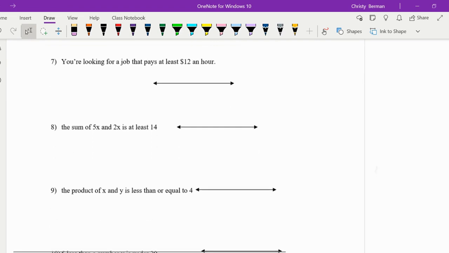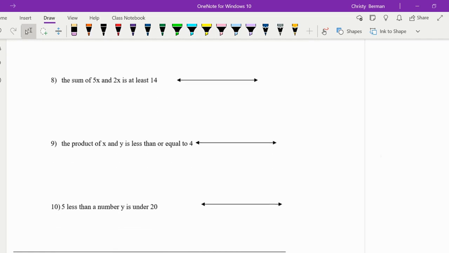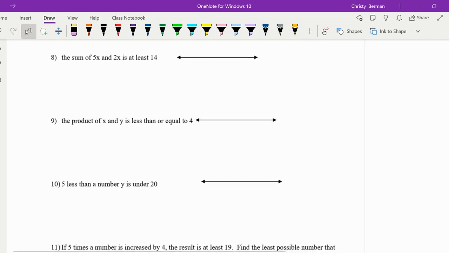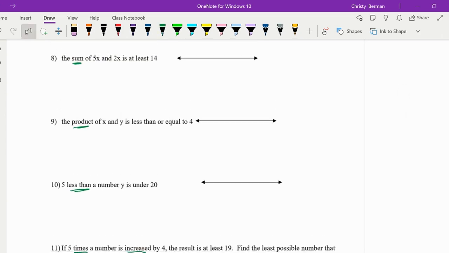All right. When you get down to number 8, 9, 10, and 11, it's not just straightforward a variable and an amount. We have some operations taking place here. So if we look at sum and product, 5 less than, times, and increase, we're going to have to use some operators in these. If I think sum, that should tell you that you're going to be doing some adding.